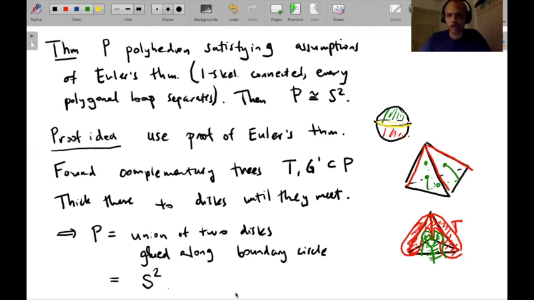Yeah, next time we'll talk more about topological equivalence and about topological spaces. Okay, so see you then.